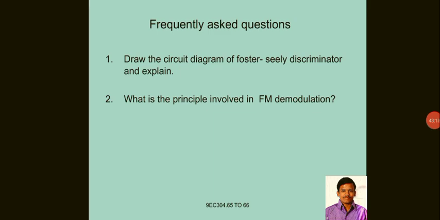Then, the principle involved in FM demodulation. I hope you can tell this answer. First FM will be converted into AM by using frequency dependent circuits. After that, by using a simple diode detector, it is converted into the modulating signal.